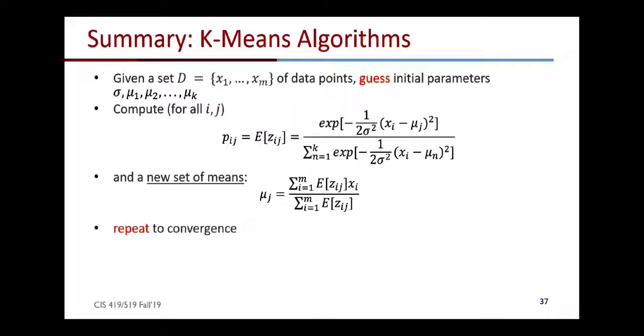These are the fractional labels that we are assigning. We are saying xi can come from any of the k centers. The probability that it's coming from the jth one is this. We can compute this given our original estimate for the mu j's. So essentially we split the point between multiple centers.